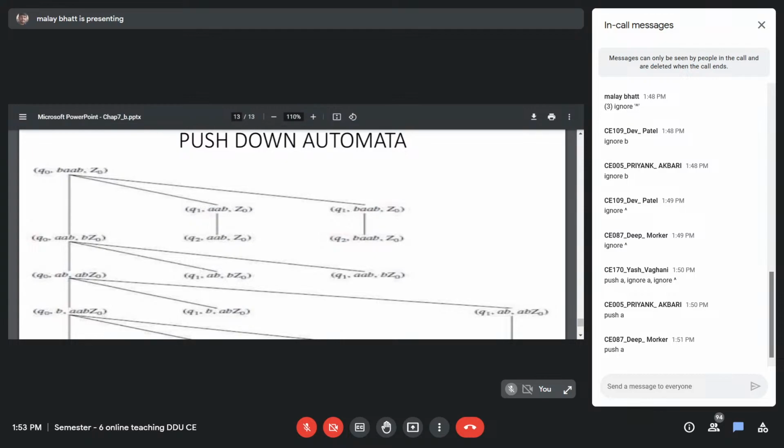So it is Q1, then AB, AB, Z0. We are assuming null after two symbols, so state will change from Q0 to Q1.